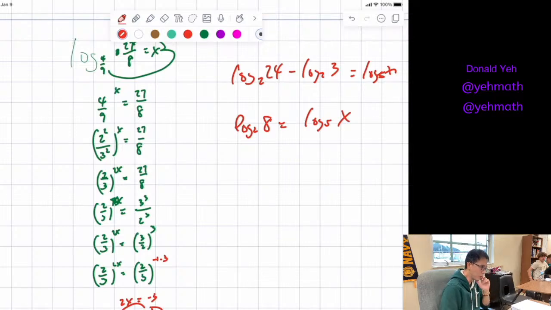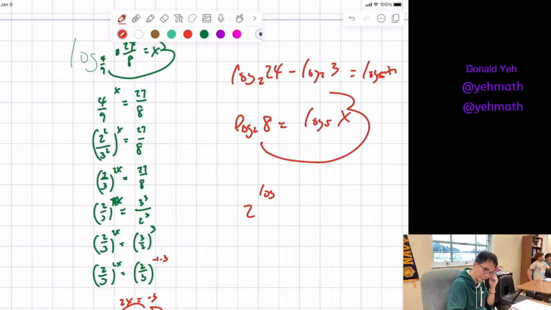Okay, so let me write her way down here. You say 2 to the what? 2 to the log base 5 of x equals 8. And what do you do after that?